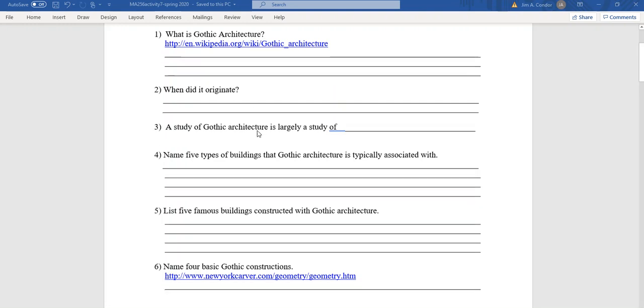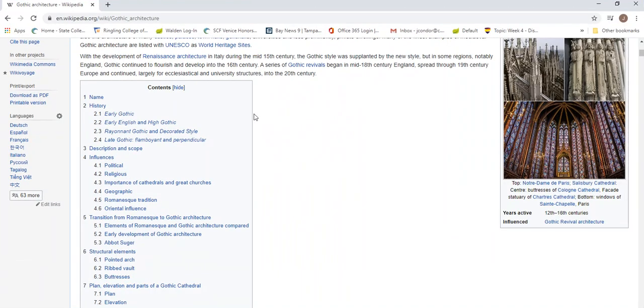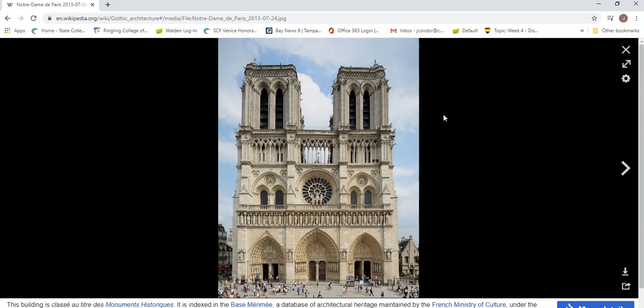If we look at a couple of the buildings, let's take a look at probably one of the most famous ones, in Paris. You may have heard about this one. Last year there was a fire in it that burnt a lot of the top, and they're trying to reconstruct it now.